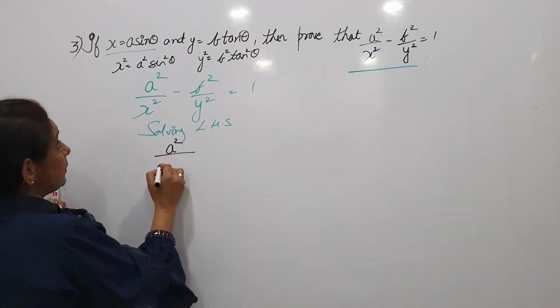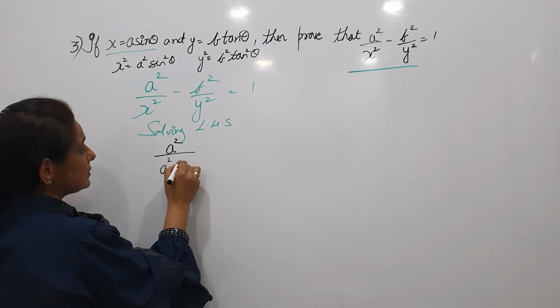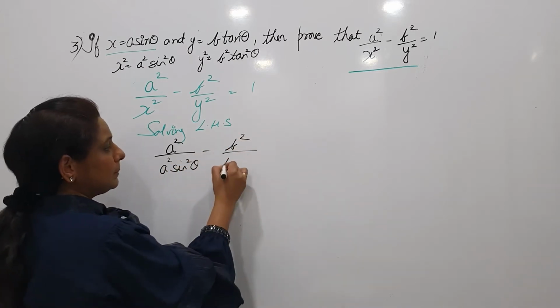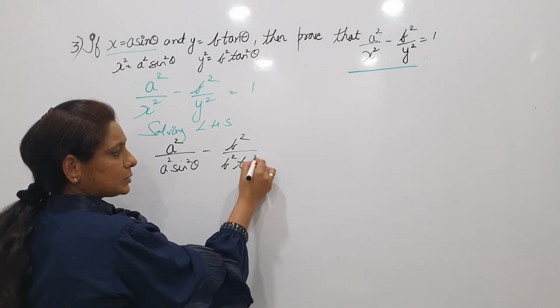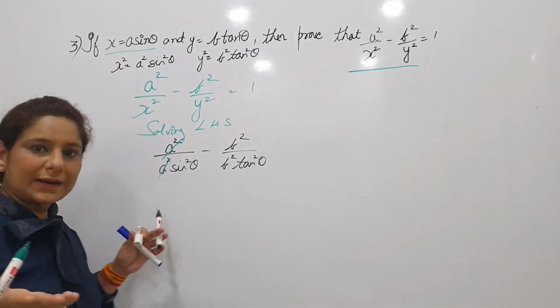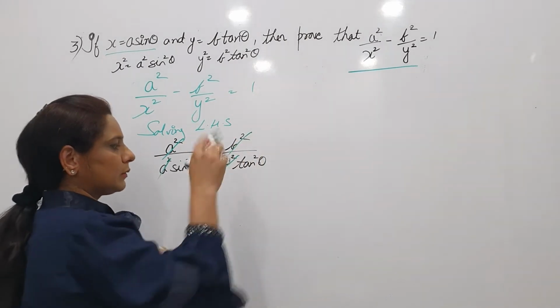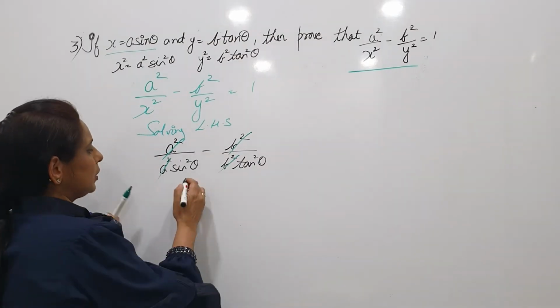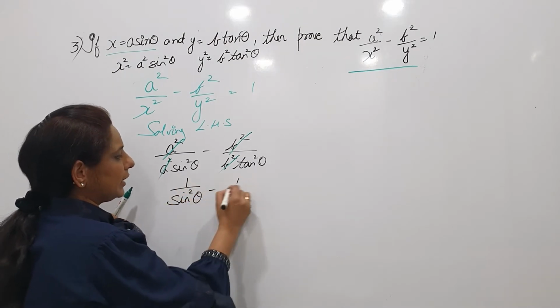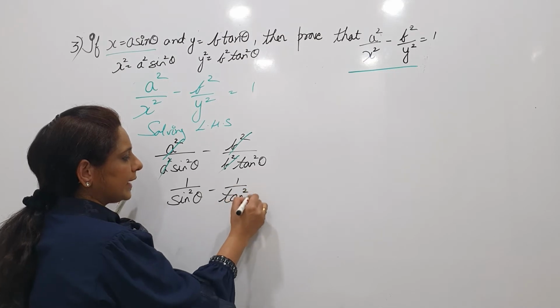So a square upon a square sine square theta minus b square upon b square tan square theta. So a square और a square को काट देते हैं, b square और b square को भी काट देते हैं. तो हमारे पास क्या बचा? 1 upon sin square theta minus 1 upon tan square theta.